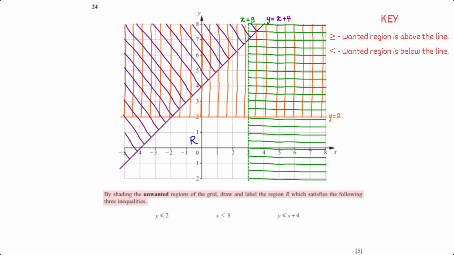For y is less than or equal to x plus 4, the wanted region is below the line y equals x plus 4, and so we shade the region above the line. After shading all the unwanted regions, the final wanted region that satisfies all 3 inequalities is left unshaded. This is the region we label as R.